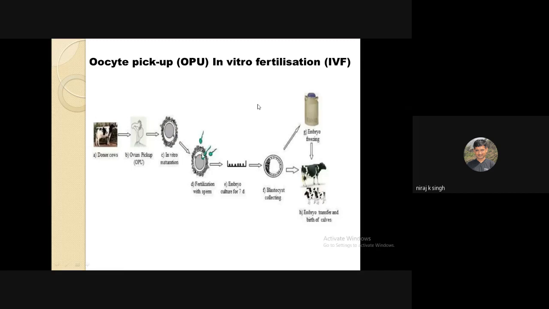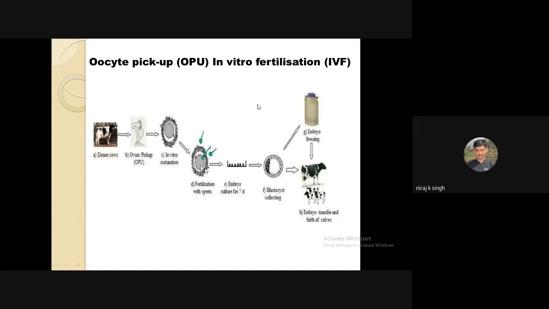Now here the semen as well as the ovum are from high yielder, high performance animals. So not only the male but also females which have high production capacity can be propagated.